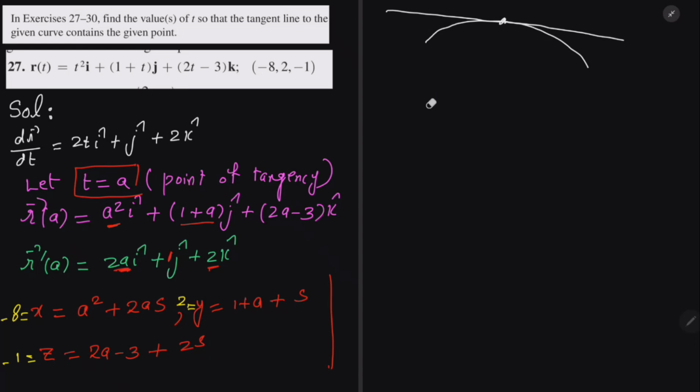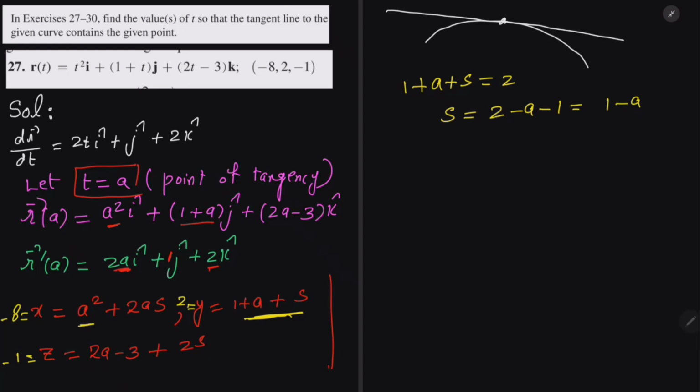If you get the point, then it is easier. So by solving these equations, we can find the value. For example, which equation should I solve here? We can find the value of s from here. 1 plus a plus s is equal to 2, and s is equal to 2 minus a minus 1, so this is 1 minus a.